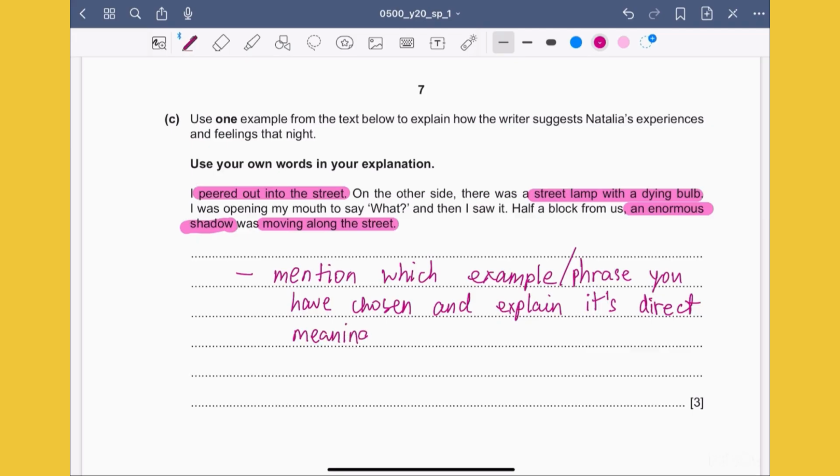Which means, let's say in this case, an enormous shadow. You could start your paragraph by saying, and remember it's a paragraph form because there is no bullet point over here, so you need to answer in a paragraph form.